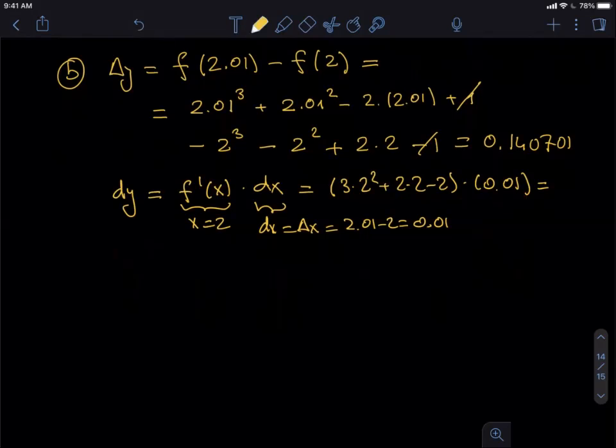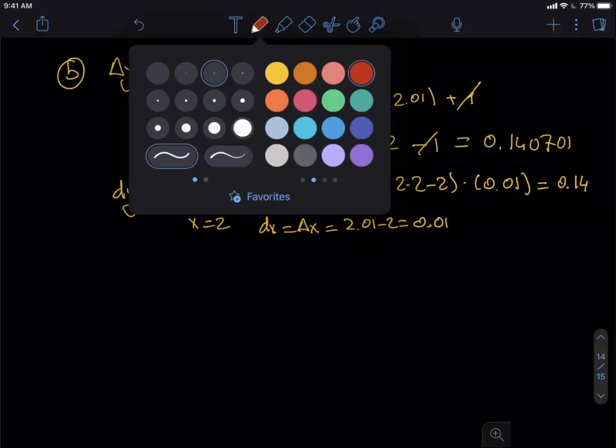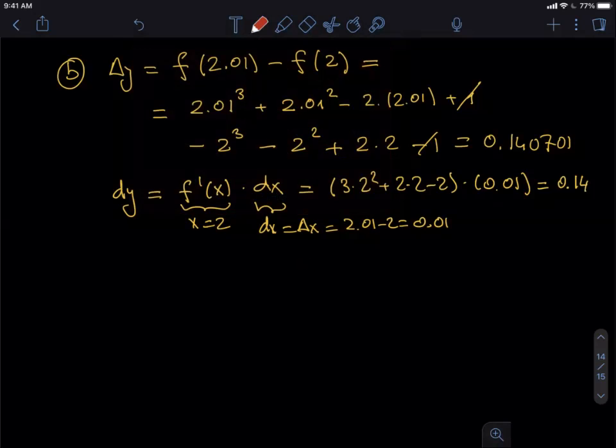Okay, so it becomes much more practical. And then when I compute this, I get 0.14. Okay, so in this case, because we were closer, we got 3 correct decimal digits almost. Okay, 0.14 is correct. Then we will be off after the 3rd digit.